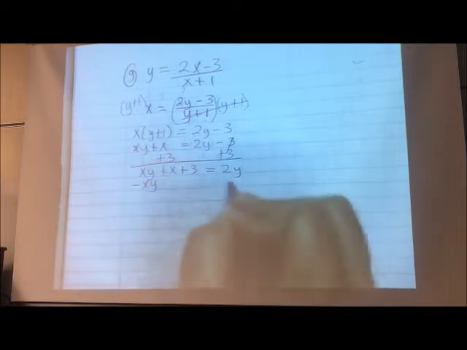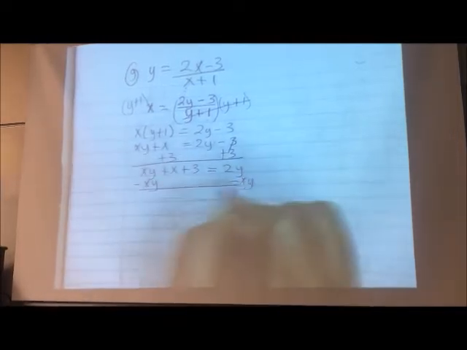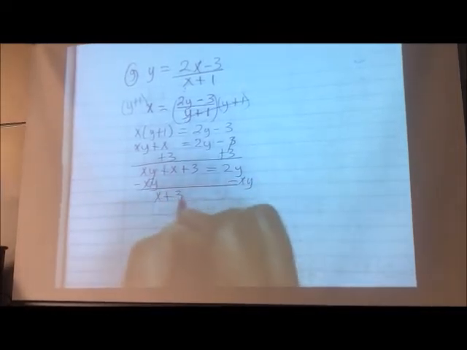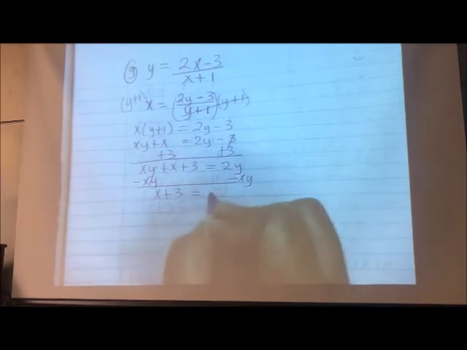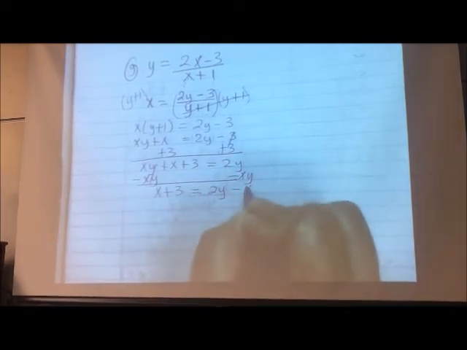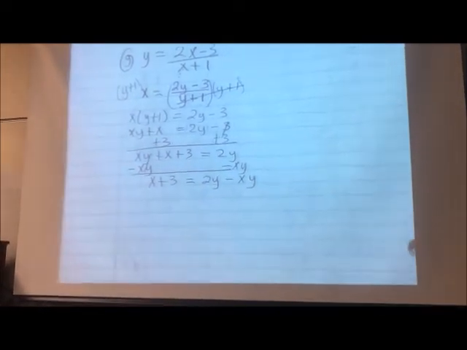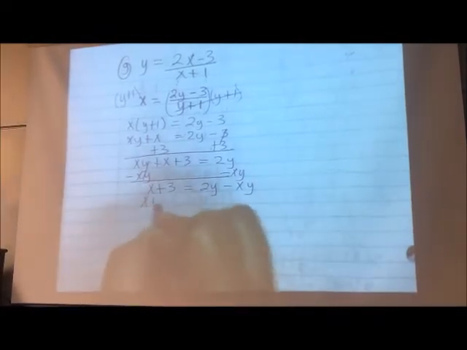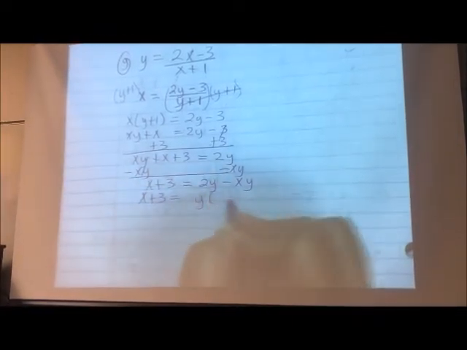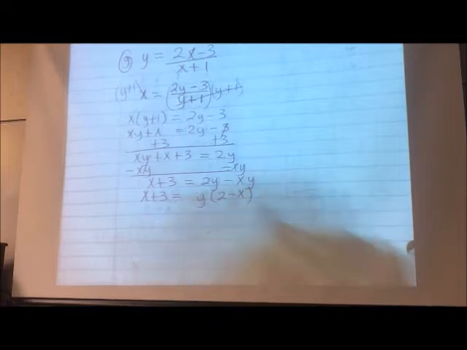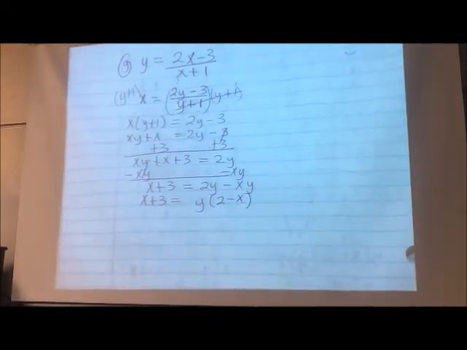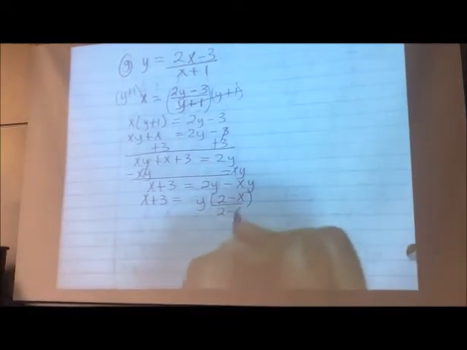Subtract xy, very good. X plus 3 equals 2y minus xy. Factor out y. Then divide by this.